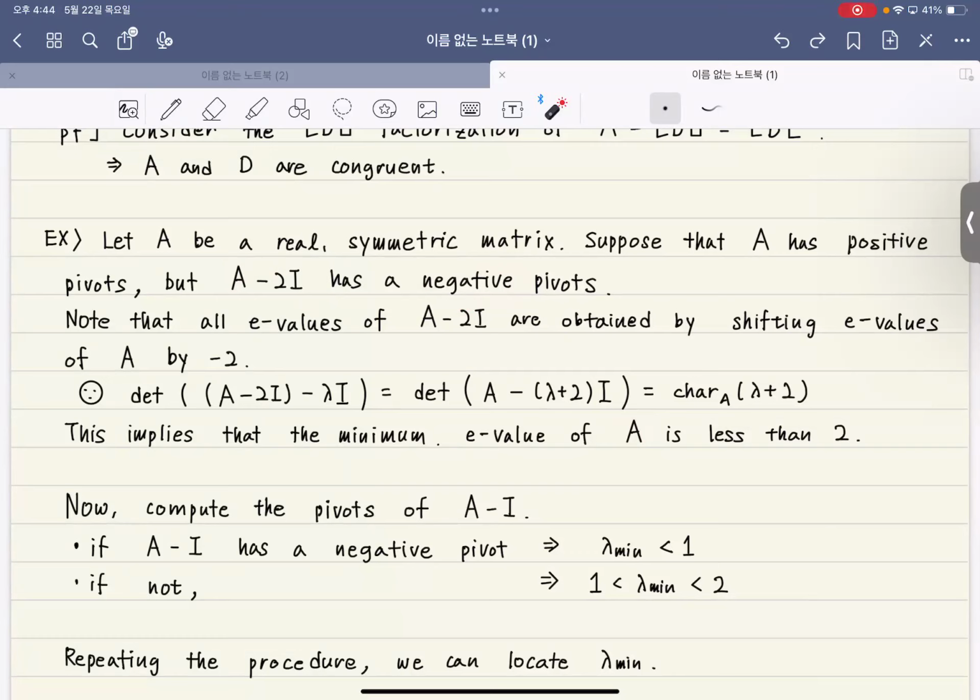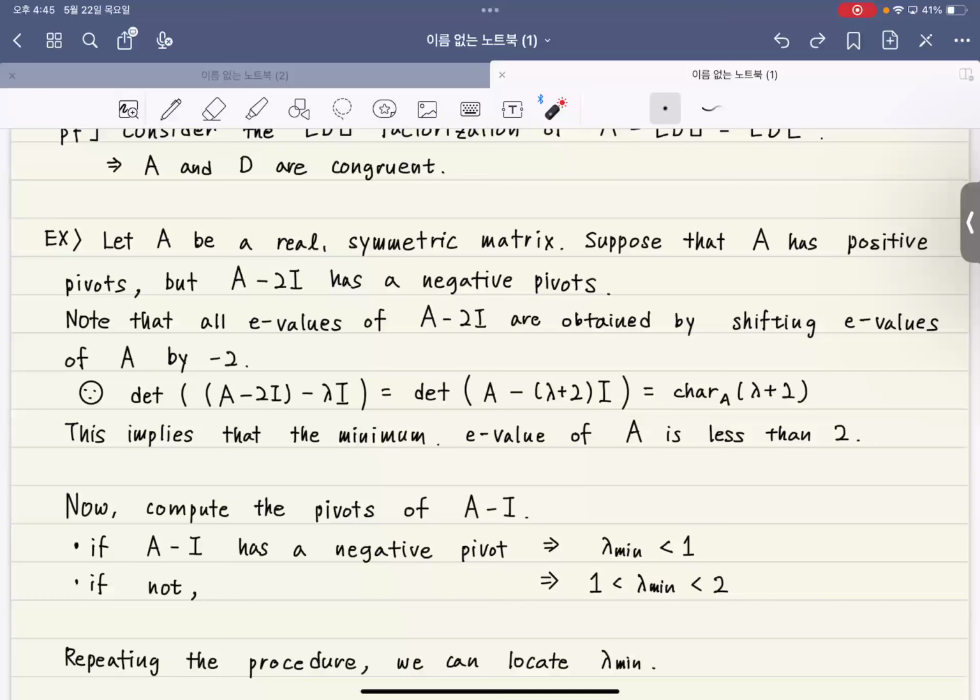But after shifting the eigenvalues by -2, I now have one negative pivot. That means the least eigenvalue is now going to be a negative number. So the least eigenvalue of A is somewhere between 0 and 2. Now we have the possible range of the least eigenvalue of A, which is between 0 and 2.